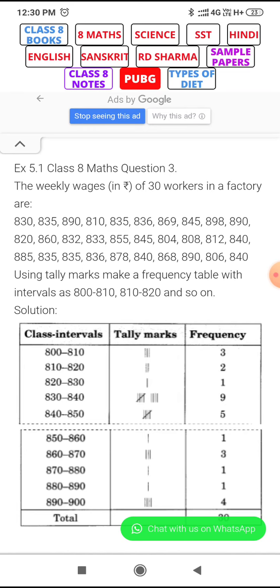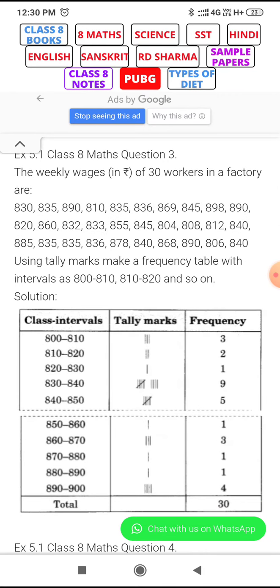and some wages are given below. Using tally marks, make a frequency table with the intervals as 800 to 810, 810 to 820 and so on. So as mentioned in the question, we take class intervals as 800 to 810, then 810 to 820, 820 to 830 and so on.